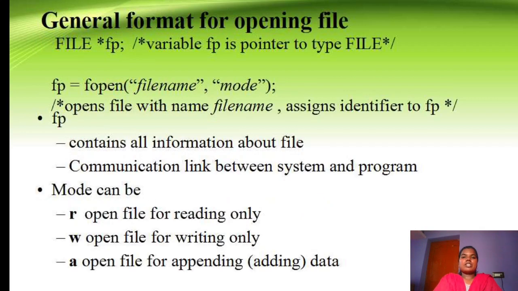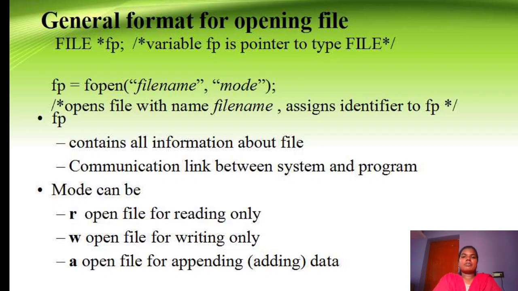Next, let us see the general format for opening a file. First we need to declare a file pointer of type FILE *fp, and the general format is fp = fopen(filename, mode). Here filename is the name of the file, and fp is a file pointer.